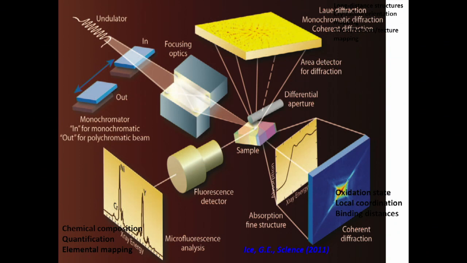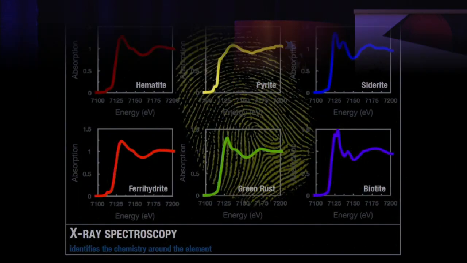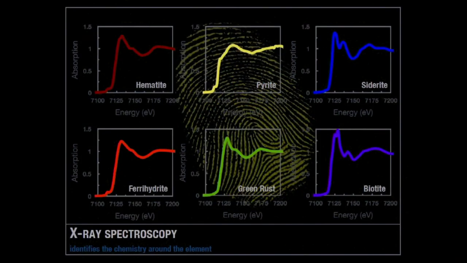So you can do absorbance measurements, you can do emission measurements, and you can do diffraction measurements. And this is just to say a few of the techniques that you can do. So you can have a very complete characterization of your sample using synchrotron light. As you can tune the energy, it can be elemental specific, so you can choose to understand how iron is in your sample, how calcium is, how aluminum is.